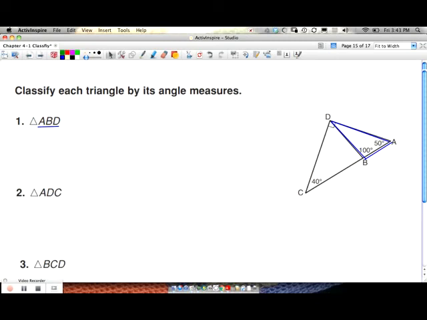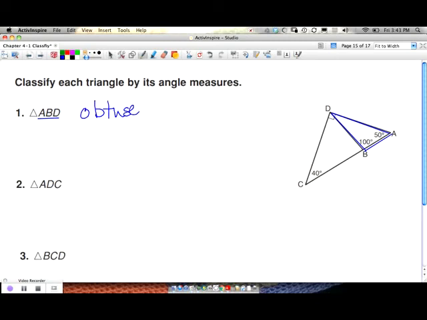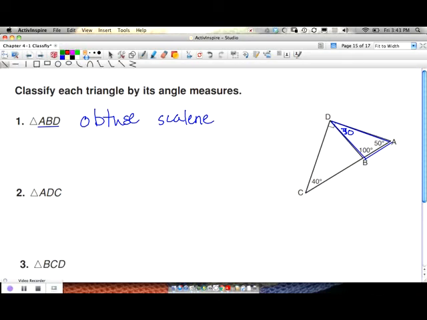All right, let's do the next. ADC, so A to D to C and then back to the beginning. That is a right triangle. It's right, and it's scalene. BCD.